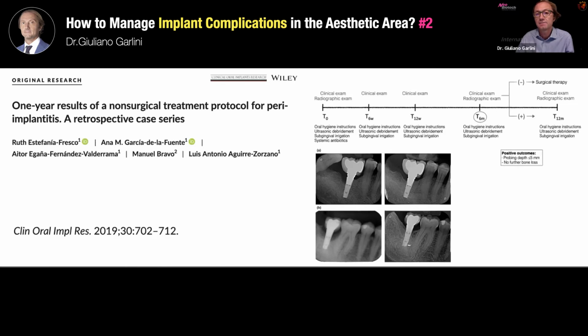And then they reevaluated the patient after 6 months. If they could see positive outcomes, which means no further bone loss and a probing depth of less than 5 millimeters, they could send the patient to a maintenance program without any surgery.